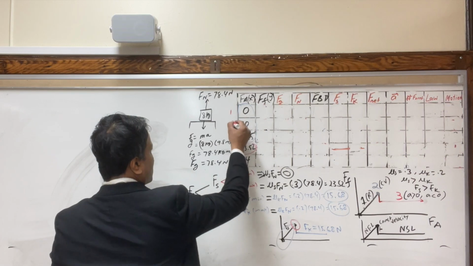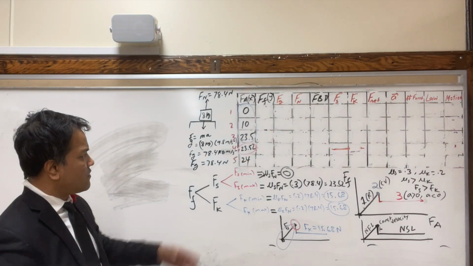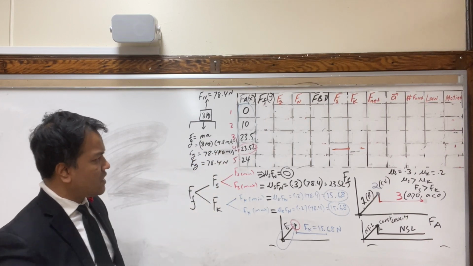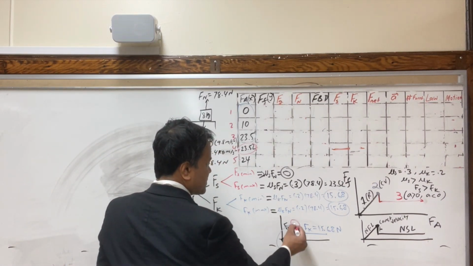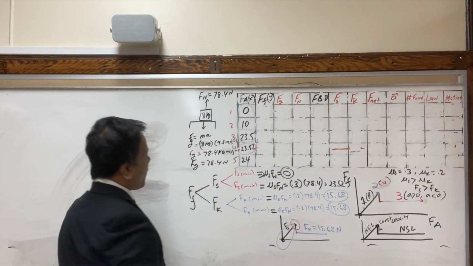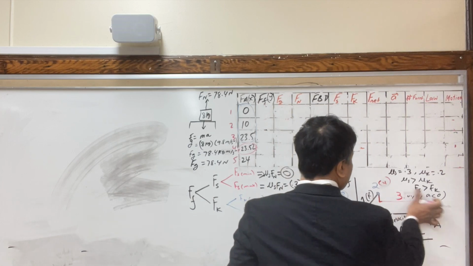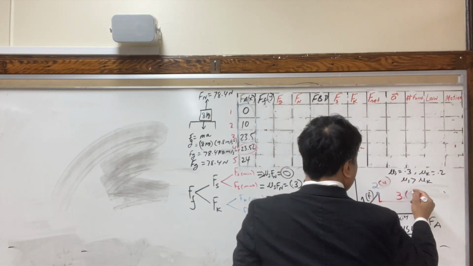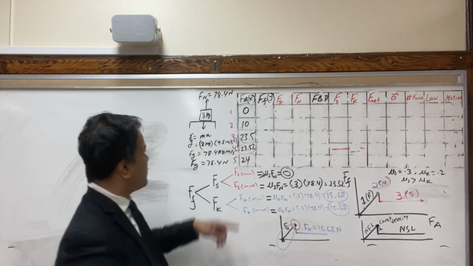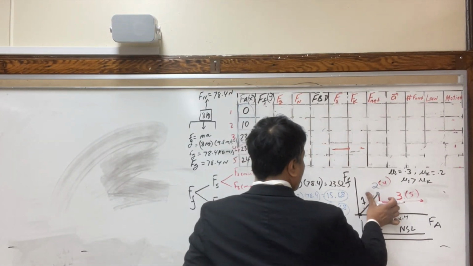So I'm going to put 1, 2, 3, 4, 5. Only scenario 4 is at location 2. Scenario 5 is at location 3, and scenarios 1, 2, 3 are at location 1.